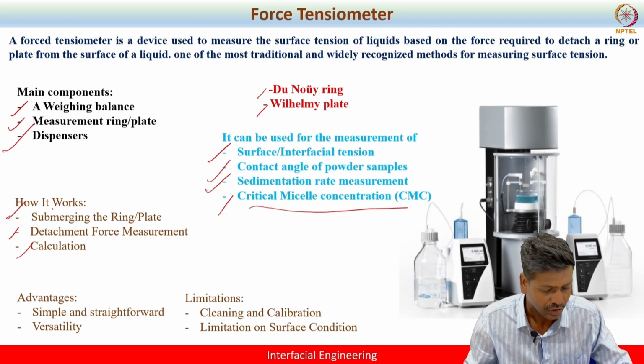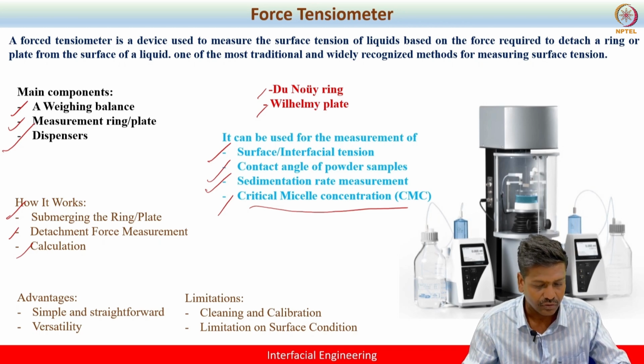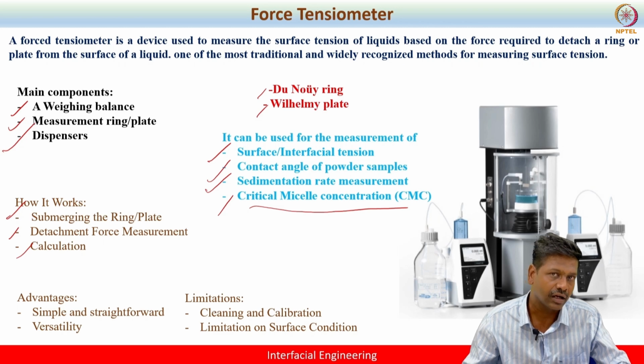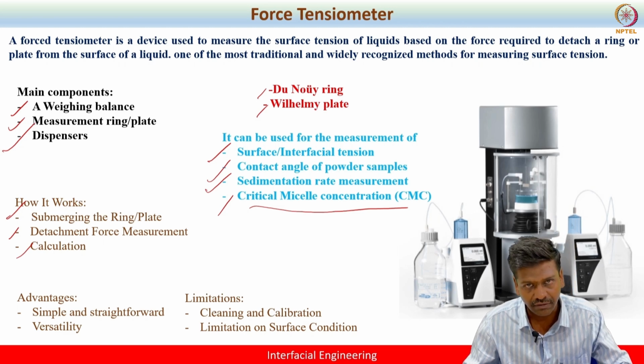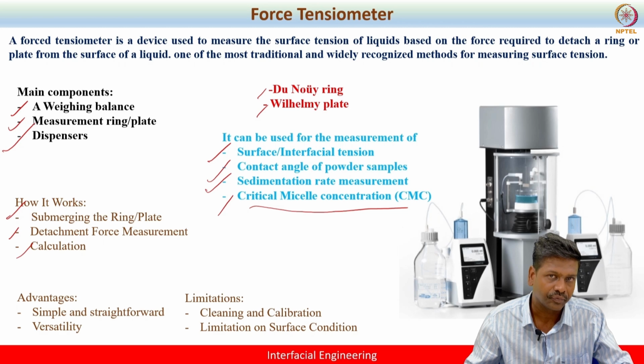There are some advantages. The force method is a straightforward method, unlike the optical tensiometer, wherein one can make errors because it has to do with imaging. When you do the imaging and the averaging, we can generate errors.